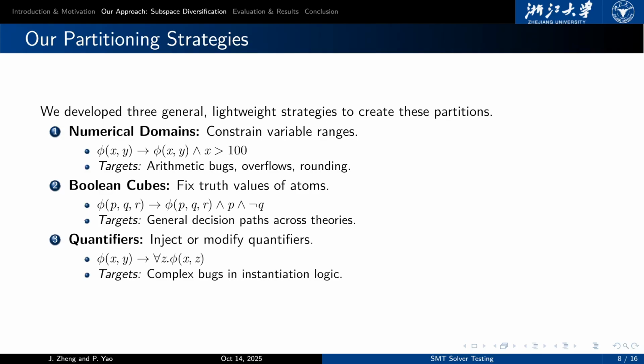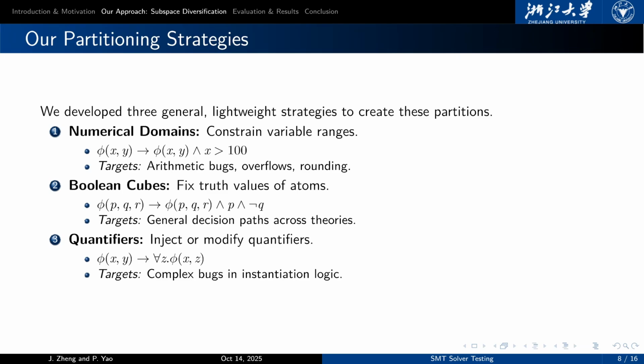Third, we use quantifiers. Quantifiers are very complex. They are a common source of bugs. Our strategy injects or modifies quantifiers. For example, a formula phi(x,y) can become for all z, phi(x,z).